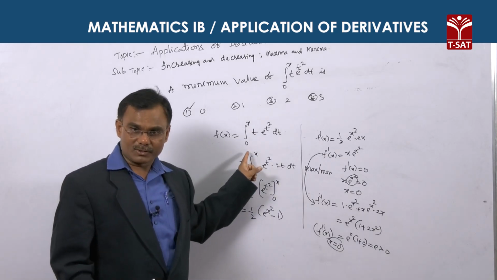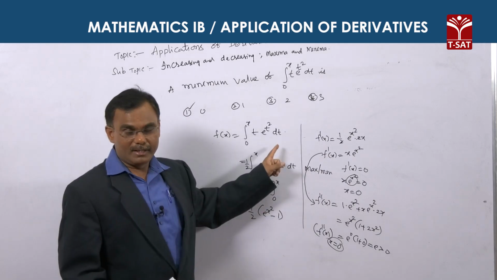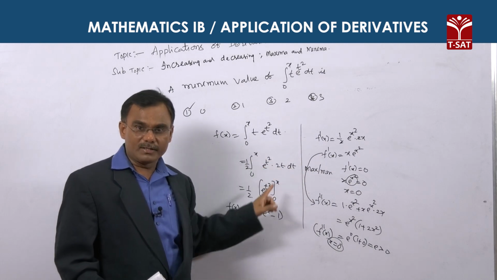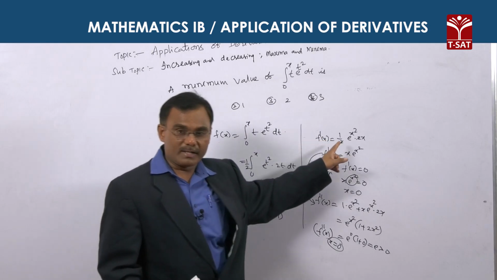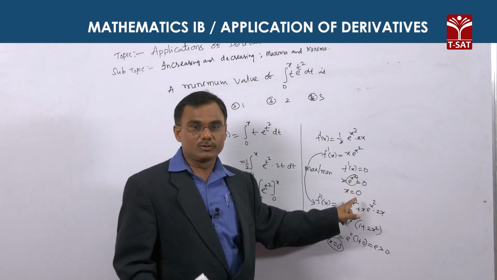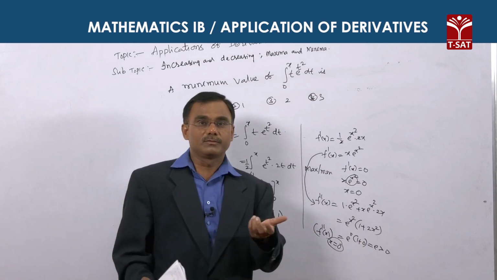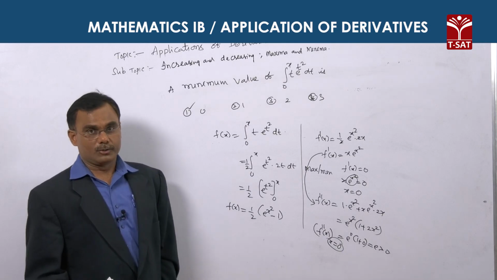First, f of x is given in terms of integration, so simplify the integration, e power t square into 2t dt into 1 by 2. Substitute to get the function f of x. For maximum or minimum, first find f dash x. f dash x equal to 0 gives x equal to 0. The second derivative at x equal to 0 is positive. That's why the minimum value is at x equal to 0, and the minimum value is 0.